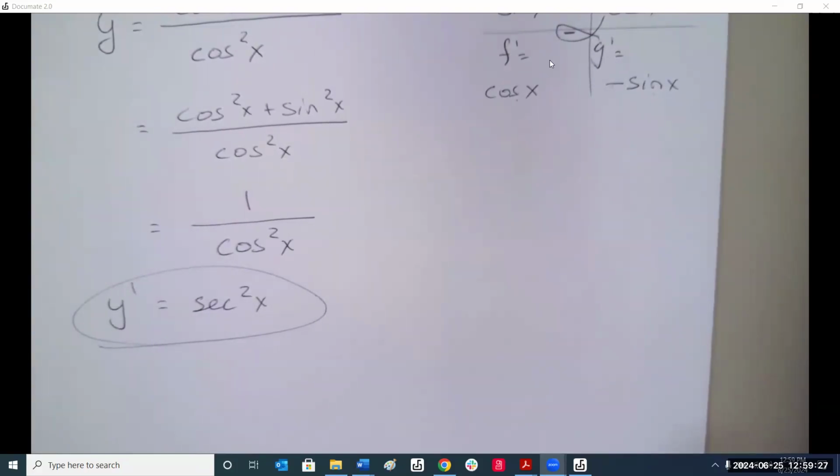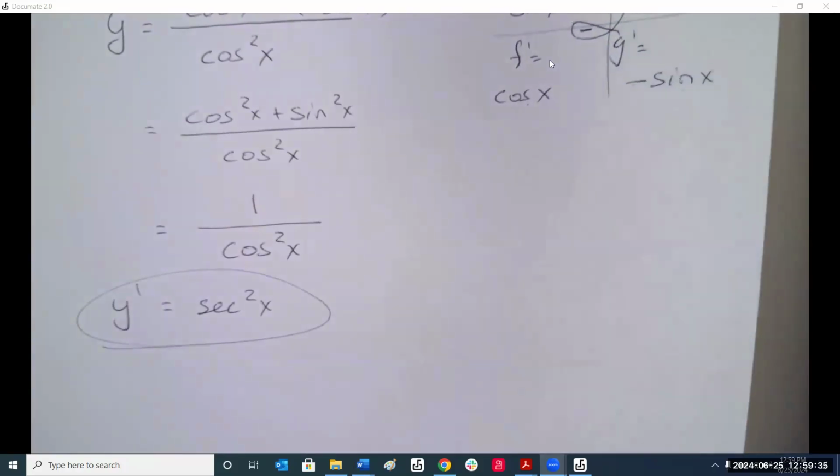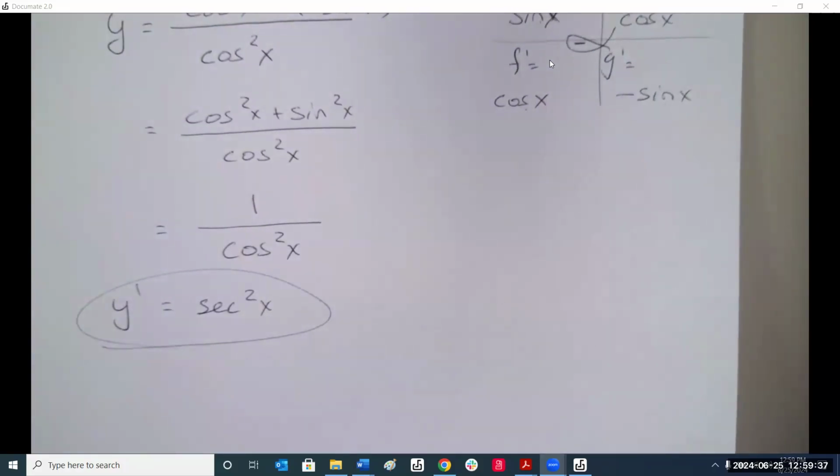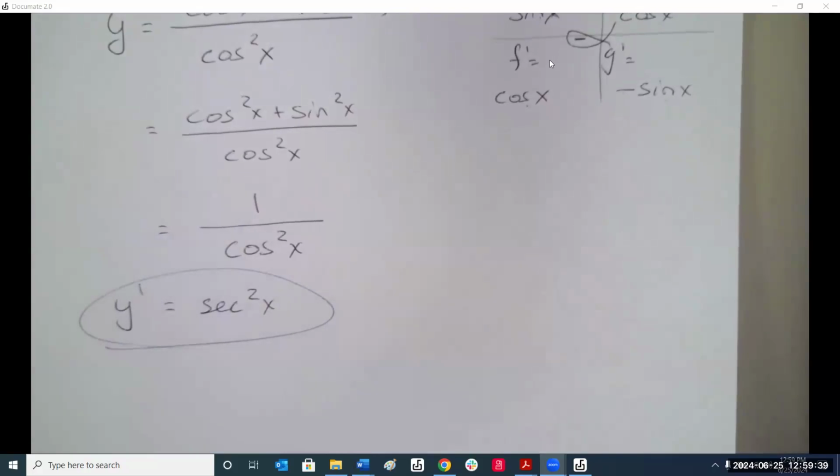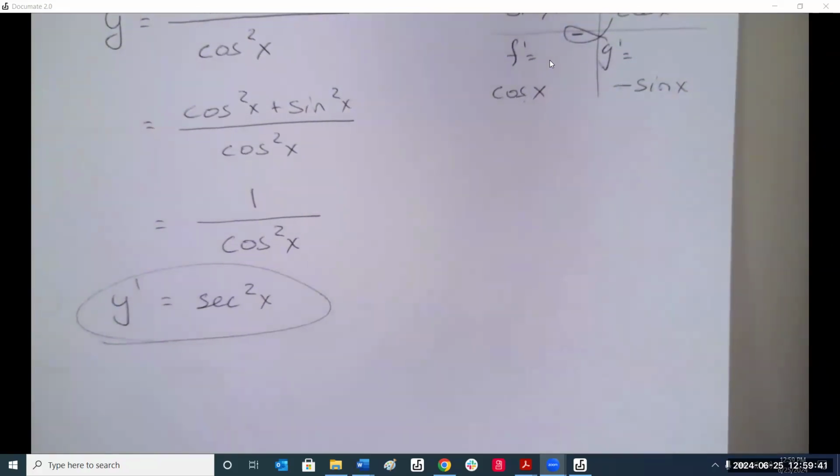That's how we do the rest of them. Once you break everything down to sine and cosine, it's just use the basic rules.